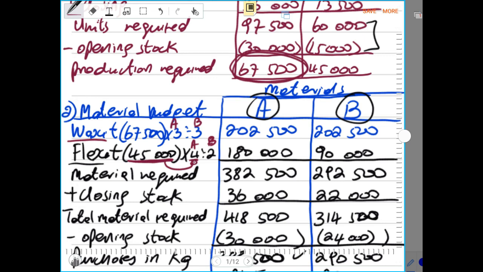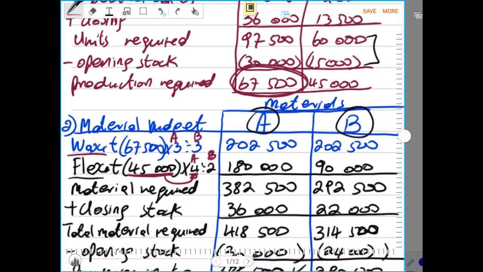That gives us the total kgs of material we need to buy to manufacture 45,000 units of product Flexit. And at the same time, 45,000 multiplied by 2 gave us 90,000, which is the kgs of material B needed for 45,000 units of product Flexit.